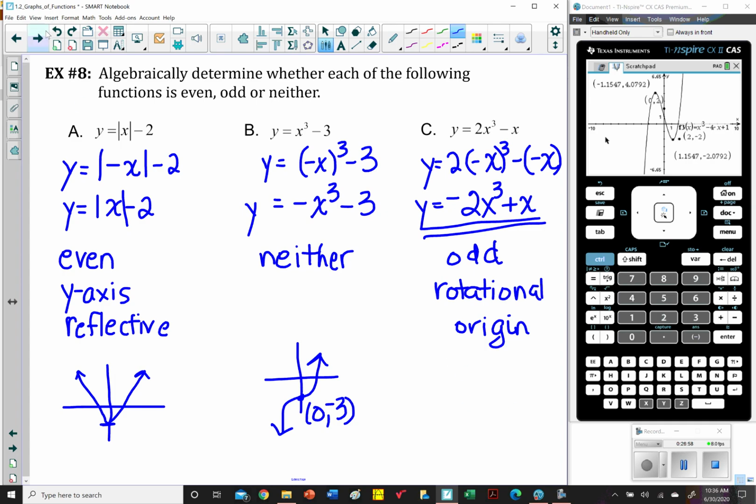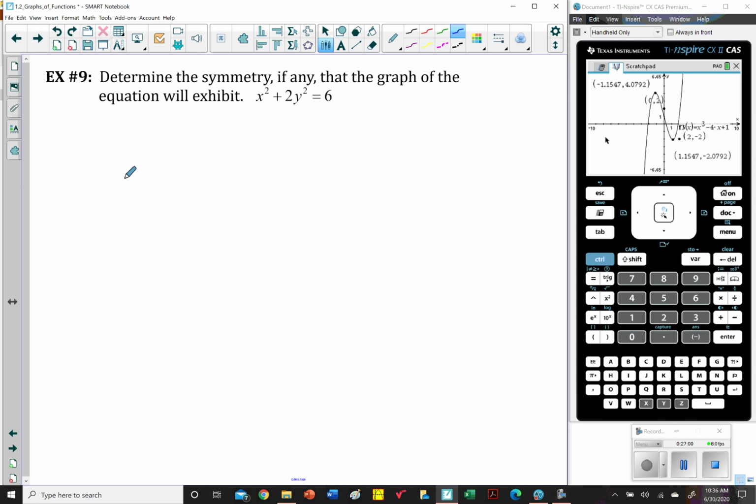Okay, here's one for you to try. So we want to find all the symmetries, if any, for this graph. x squared plus 2y squared equals 6. Now, you might know this as a conic section from Algebra 2, but if not, we'll just do the test for each one and see what we come up with.